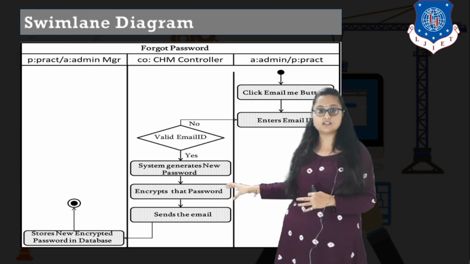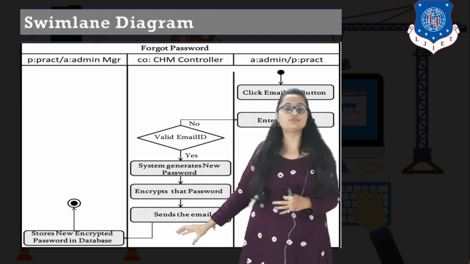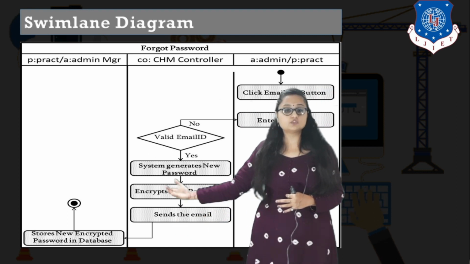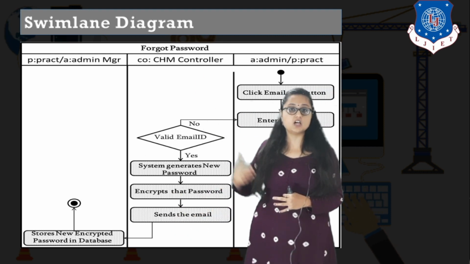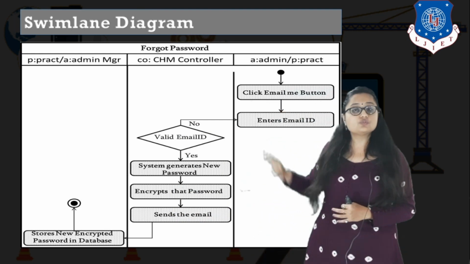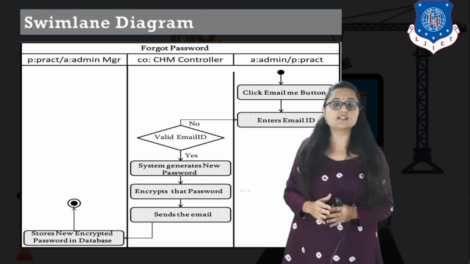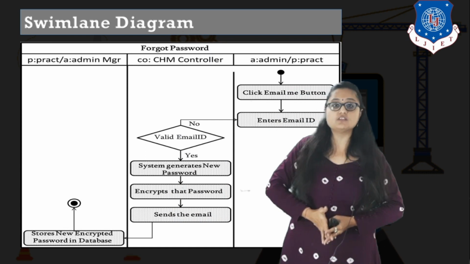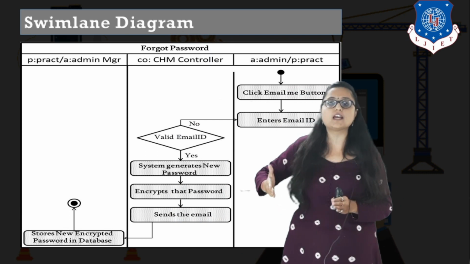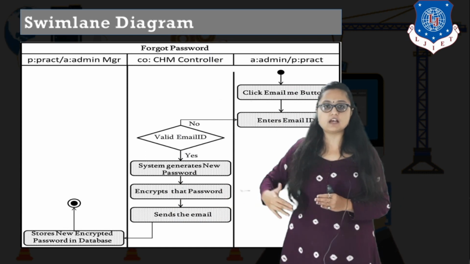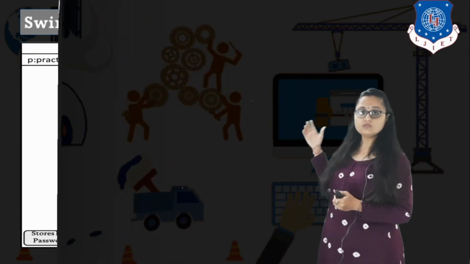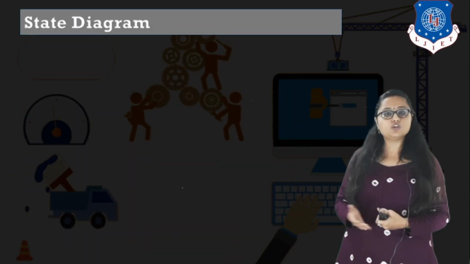All this is done by the controller, and the storing of the password in the database is done in the admin manager, right? So swim lane is nothing but an activity diagram with the variation in which you classify what activity is done by which user, right? So this was all about activity diagram.